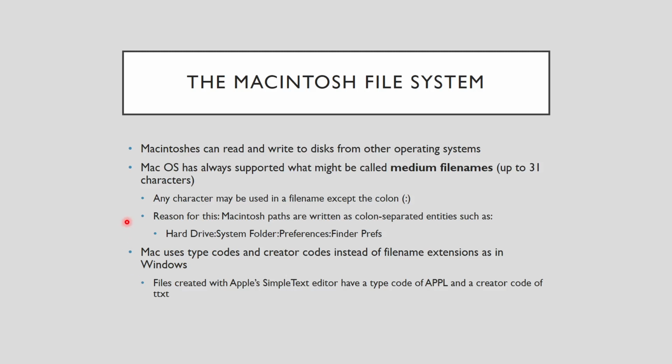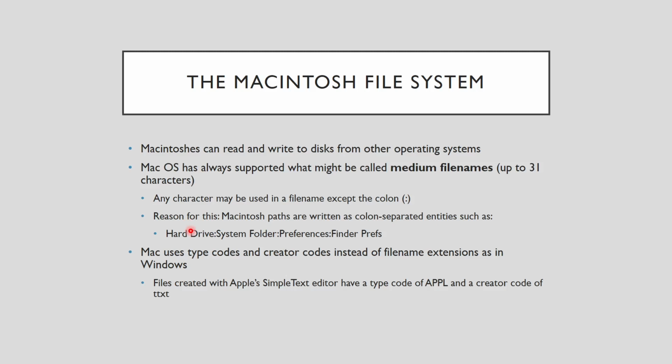Any character may be used in a file name except the colon, which is used internally by the Mac OS as a folder separator, equivalent to slashes in other operating systems. For this reason, Macintosh paths are written as colon separated entries, like hard drive, colon, system folder, colon, preferences, colon, finder prefs.